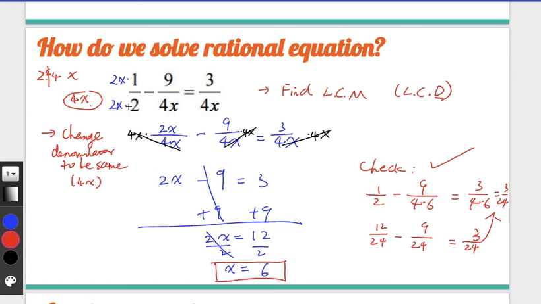I did something to the bottom, I did the same thing to the top. Now I have 2x over 4x. So when I have the same denominator, the denominator is not my concern anymore. I can multiply everything by the same denominator to cancel the denominator. Now I have only the top part, so I just solve this like a regular equation. And that's it. That's how we solve this equation.